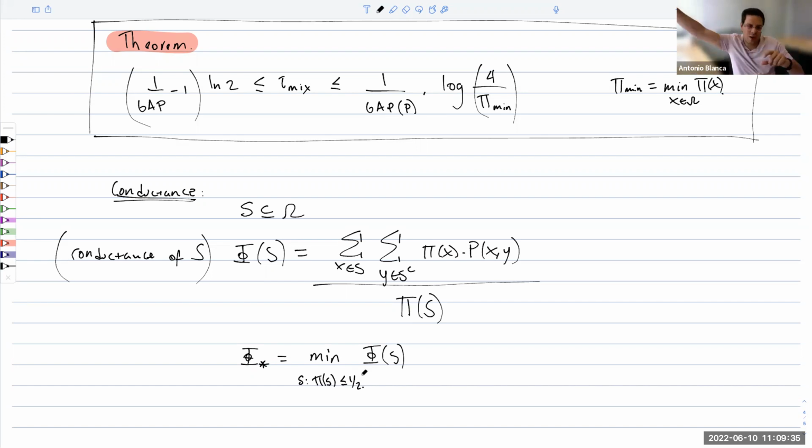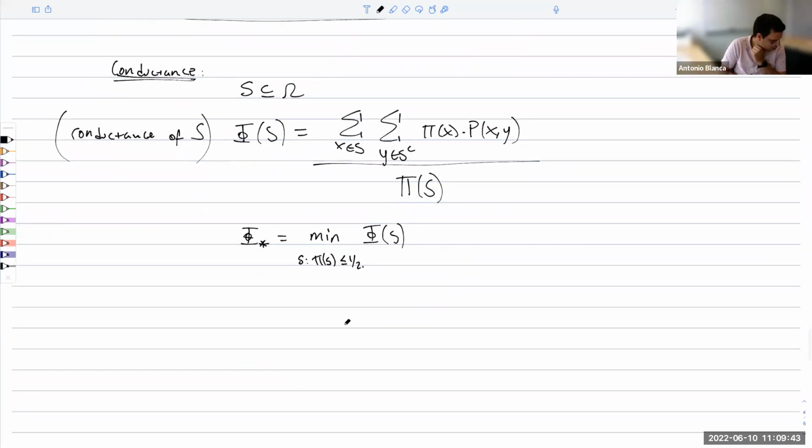The chain needs to walk and explore the whole thing. So in fact, this is true. This is called Cheeger's inequality, but in the context of Markov chains, this was proved by Jerrum and Sinclair, around 89 or 90 or something like that, and independently by Saloff-Coste, also in 89.